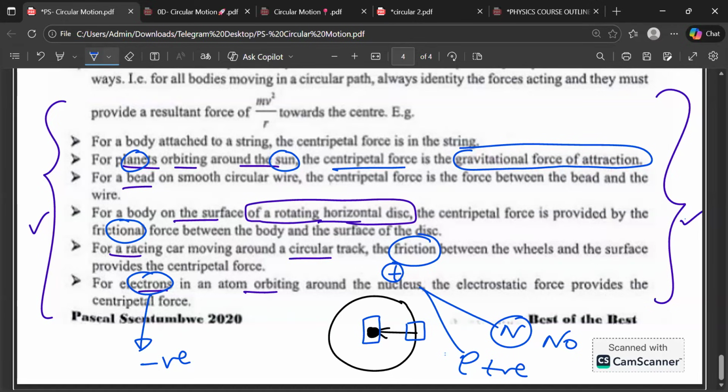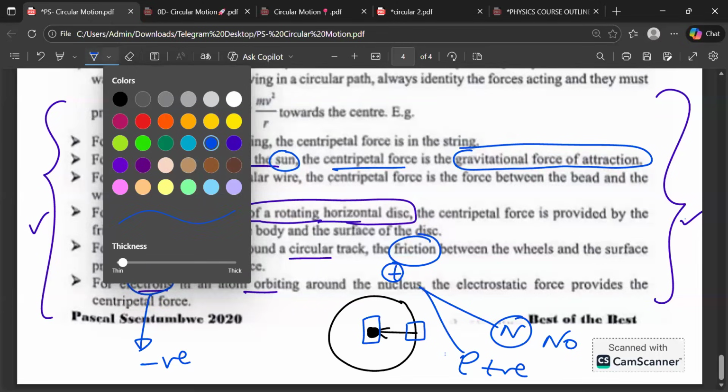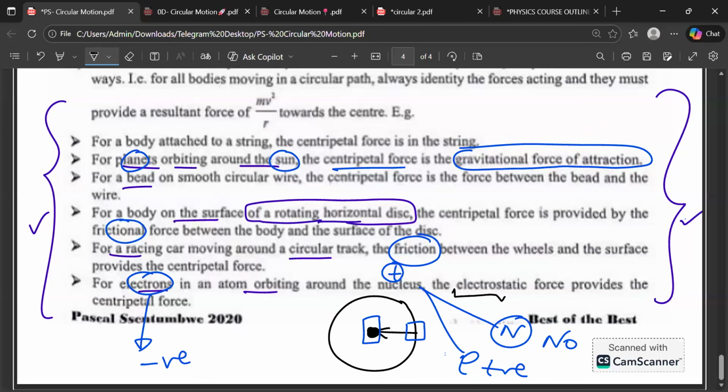So what keeps those electrons orbiting around the nucleus is what they call the centripetal force, because it is maintaining the circular orbiting of the electrons. And they are telling you that the centripetal force is the electrostatic force of attraction. Electrostatic means the attraction between two oppositely charged bodies. You know that from electrostatics.